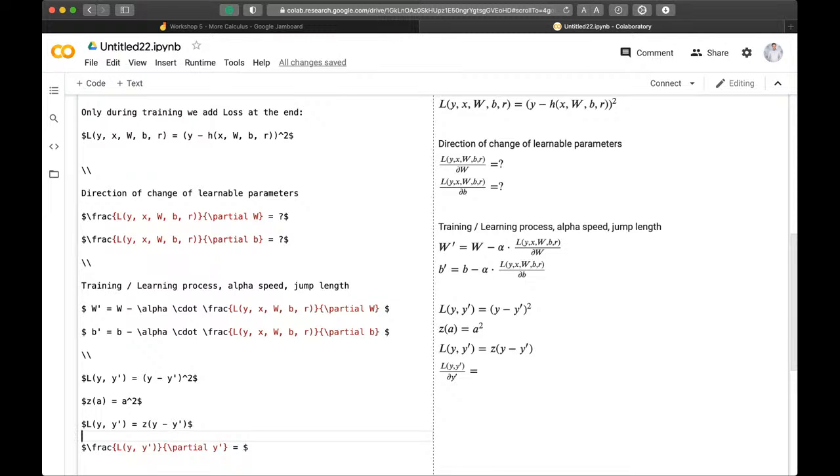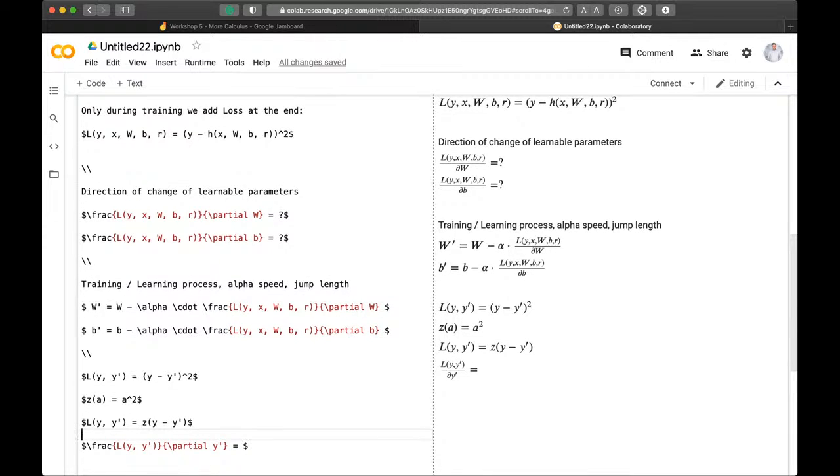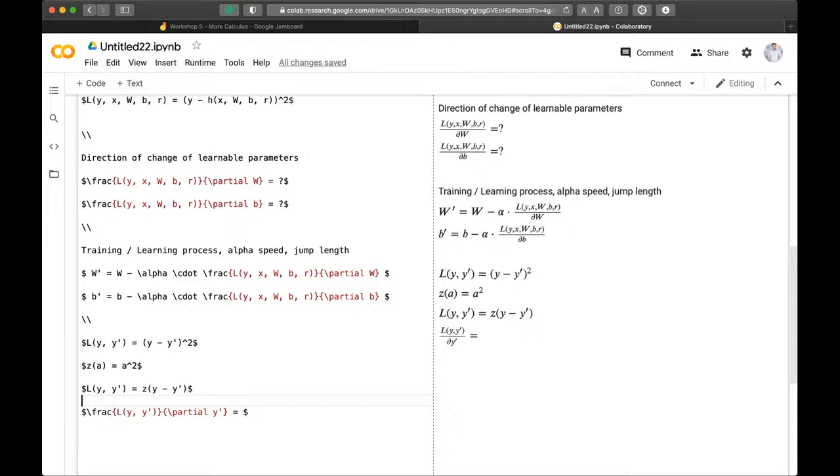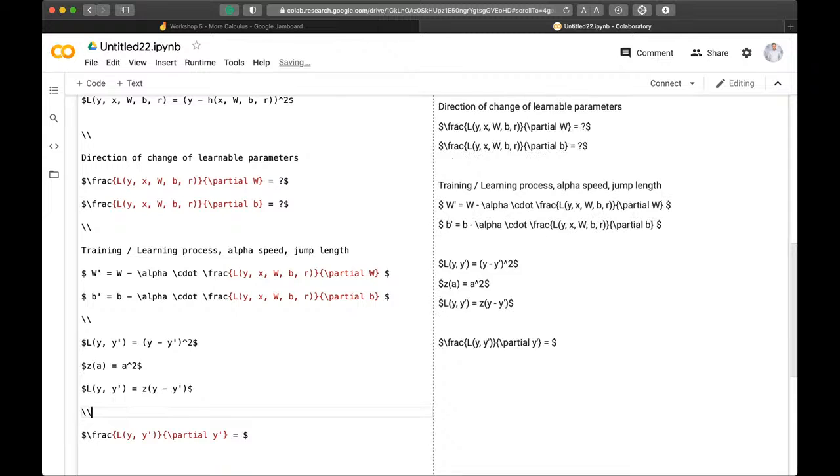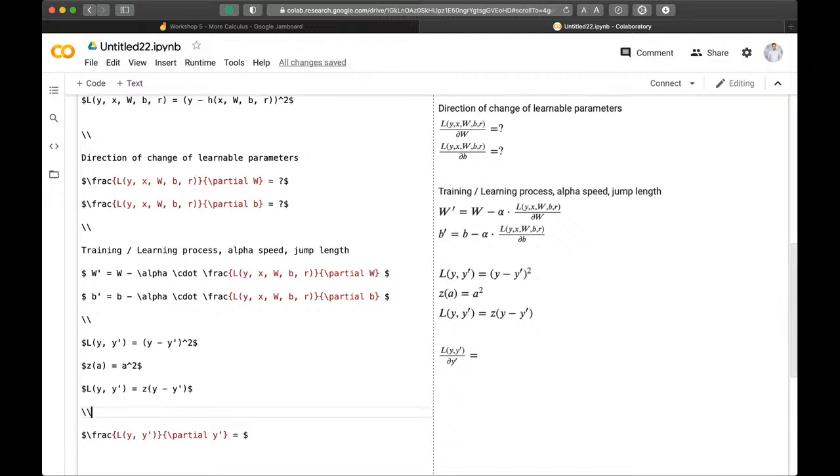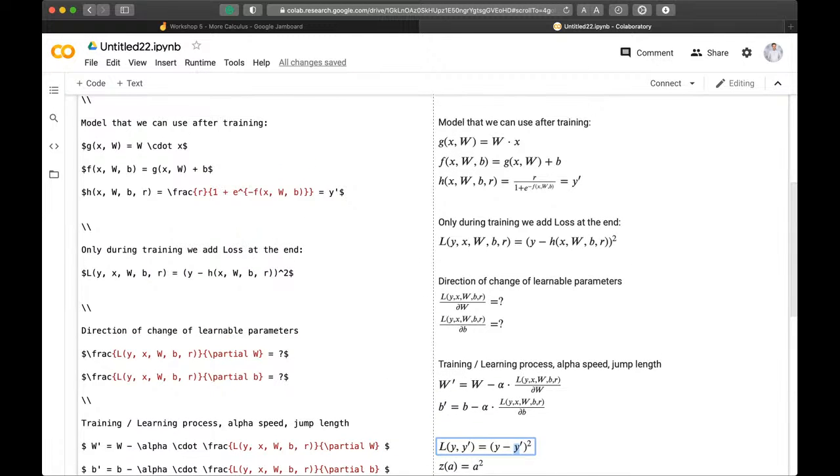With regards to this part, it seems like there's not complete agreement of understanding this part. So the task is to calculate this derivative, right? With a squared error function. So this is the ground truth, and this is the predicted value. The predicted value comes out of our model h, and it's squared.